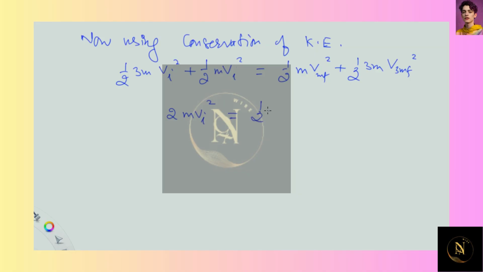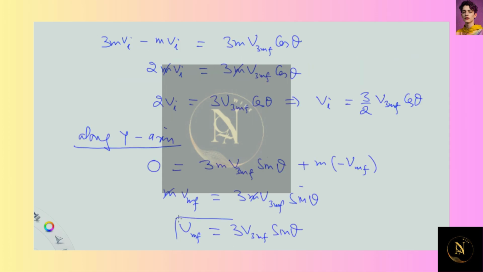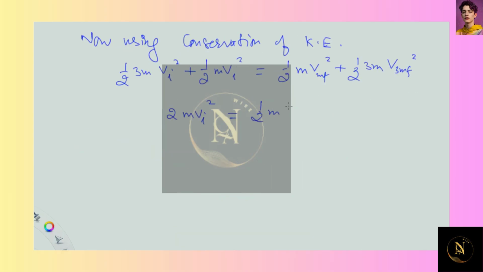half m. For vmf we will use this expression 3 v3mf sine theta. So it becomes half m into 3 v3mf sine theta to the whole square, plus 3 by 2 m v3mf square.